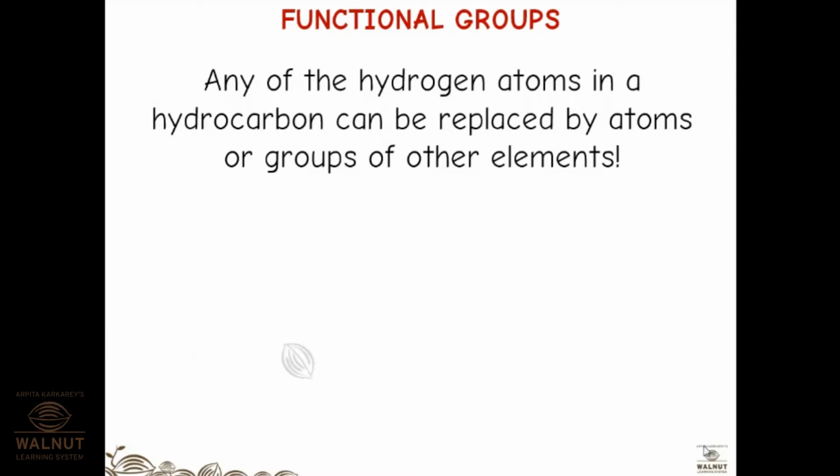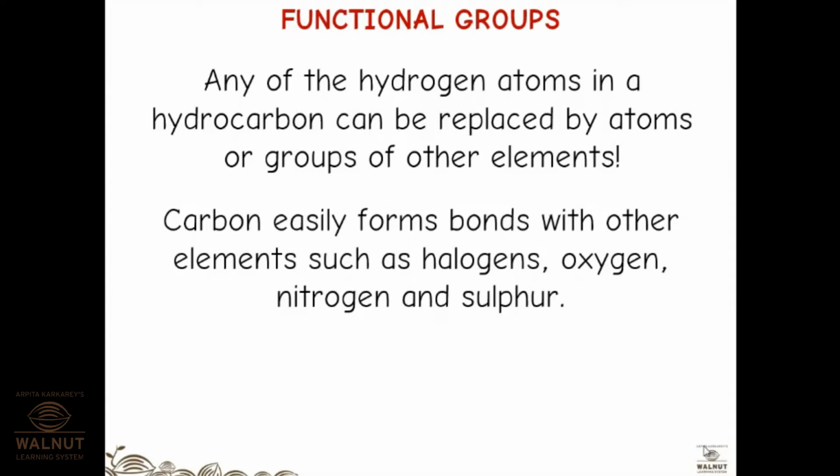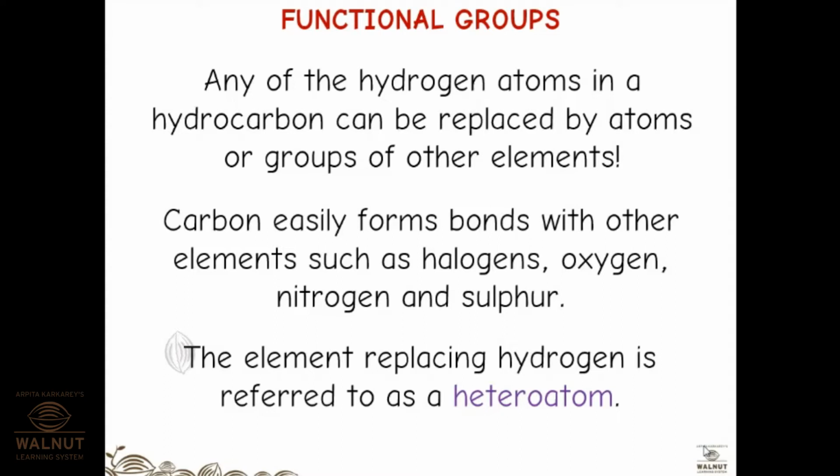I can replace one, two, three, or even all four of the hydrogens with different elements like oxygen, chlorine, fluorine. Carbon easily forms bonds with other elements such as halogens like fluorine, chlorine, bromine, iodine, and also oxygen, sulfur, and nitrogen. The element replacing hydrogen is referred to as a heteroatom. Hetero means different.